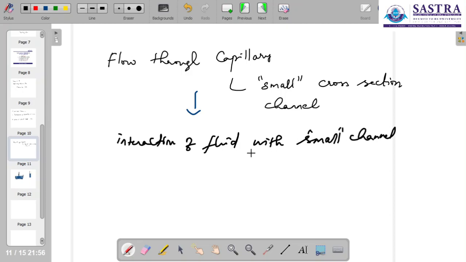This is modeled using the concept of surface tension. We observe that a fluid always takes a shape so that it can conserve the surface energy per unit volume, and this probably could lead to a reasoning of why there is a flow in the capillary.